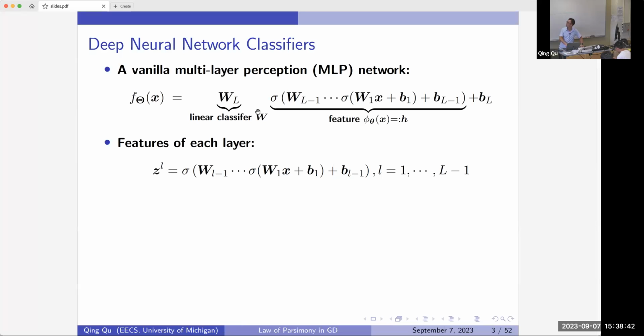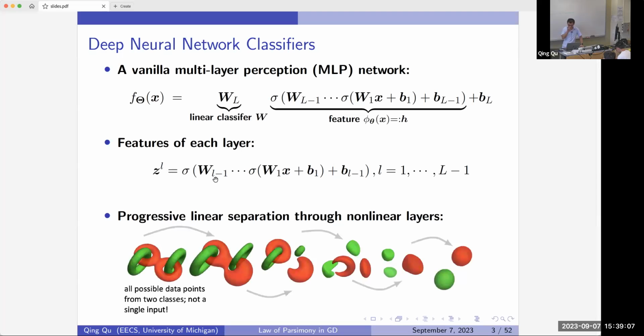Upon the last layer, you use a linear classifier W_L to make the prediction. For the notation, since we are trying to understand the feature structures in each layer, we use Z_L to denote the output feature of a specific layer.